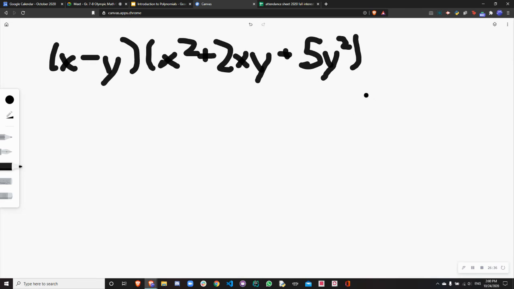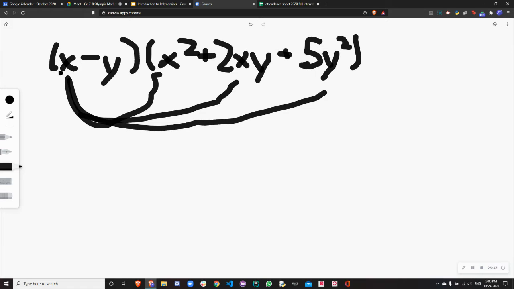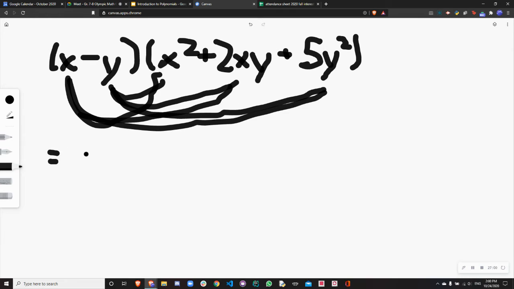We can choose this one, x squared plus 2xy plus 5y squared, with all the terms in x minus y. So I can draw lines again to illustrate that. From here, we have to multiply x by x squared, 2xy, and 5y squared. Also do the same for -y.